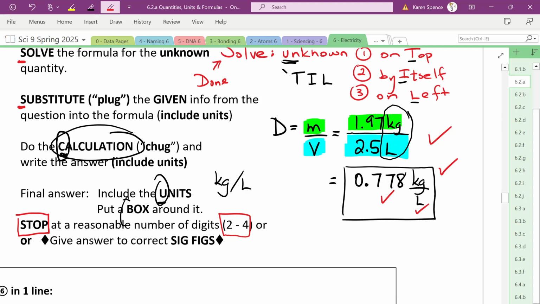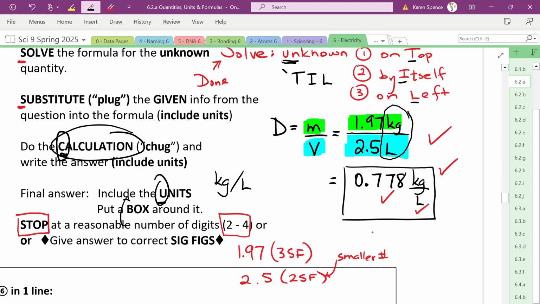Now, if you want to give your answer to correct sig figs, which is an enriched thing, you can say the number 1.97, how many sig figs does that have? 3 sig figs. The number 2.5 has how many sig figs? 2 sig figs. Your answer is going to have the smaller number of sig figs. So we are going to round our answer to 2 sig figs.